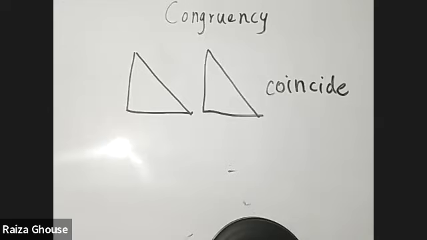Now write down point number 4. Before you write down, I'll explain. After that only you write. First point is, if two figures have the same shape and dimensions, they are said to be congruent.